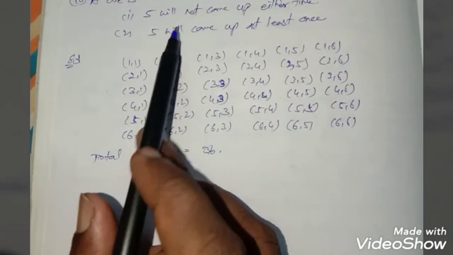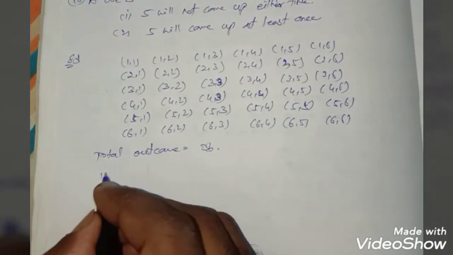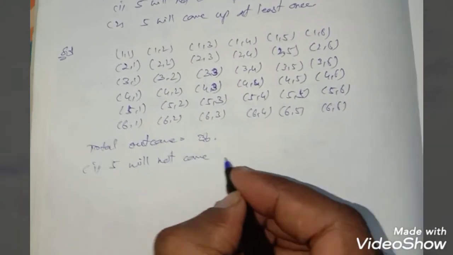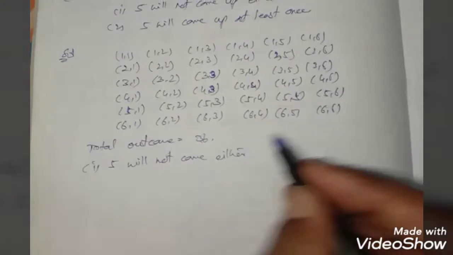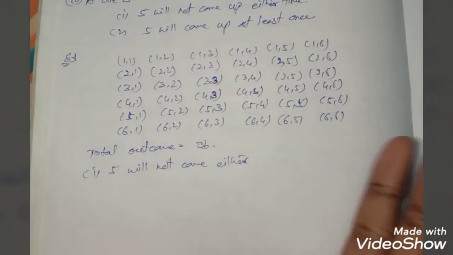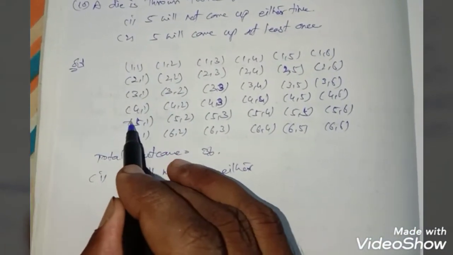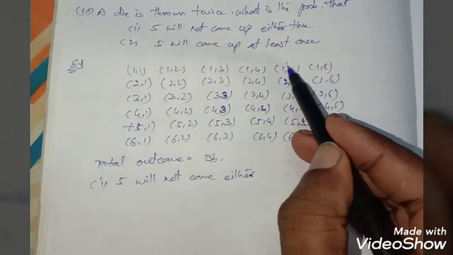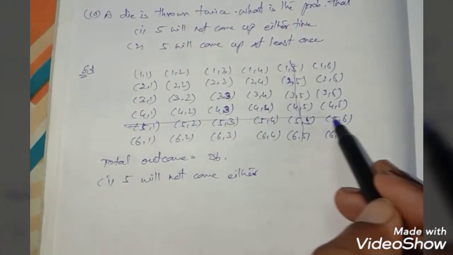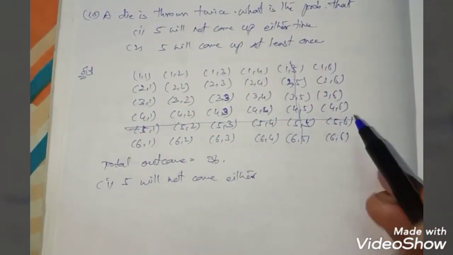So in that 36 outcomes, first what they have asked: 5 will not come in either case. So 5 will not come in either means first you remove the numbers that have 5. Here you have 5, in this column you have 5, and in this row you have 5.